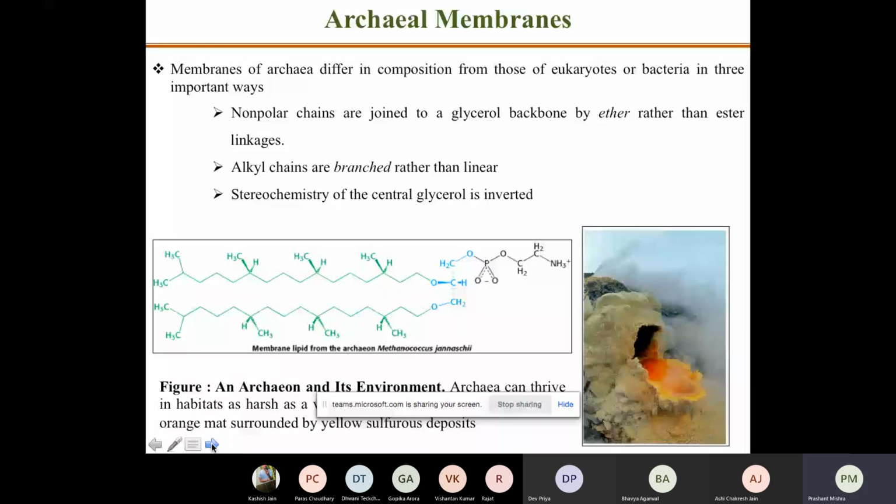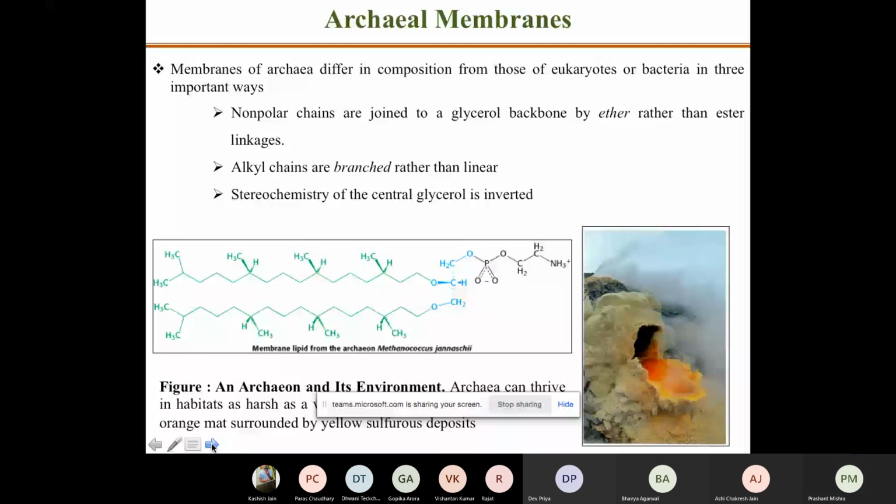Now, the question is whether this membrane is universal. You have learned that it is mostly a common structure, except for some variation. Let us talk about the variability in different structures.